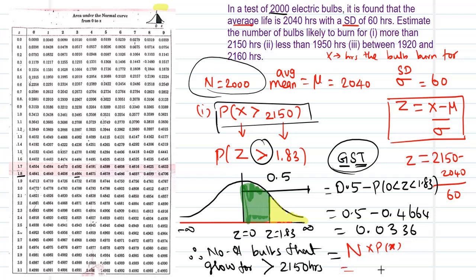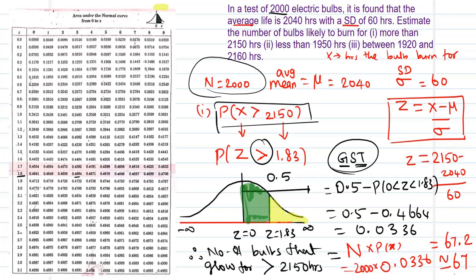It is 0.0336. What is n? n is 2000. So when I multiply, what is the answer? The answer which I get will be 67.2. Now 0.2 bulb I cannot have, so round it off. So this will give me the value as 67. So out of 2000, how many bulbs glow for more than 2150 hours? 67 bulbs glow for more than 2150 hours.